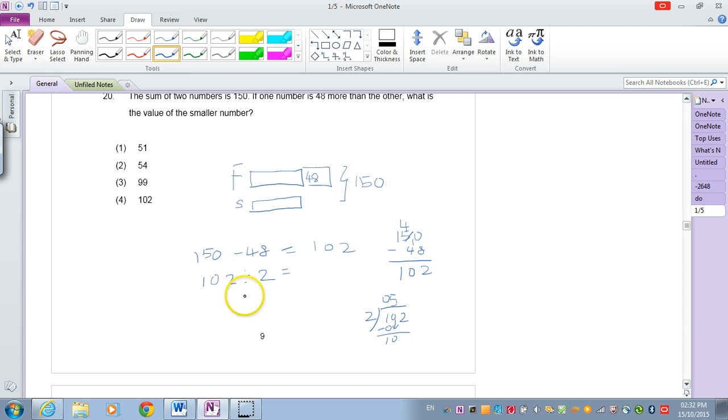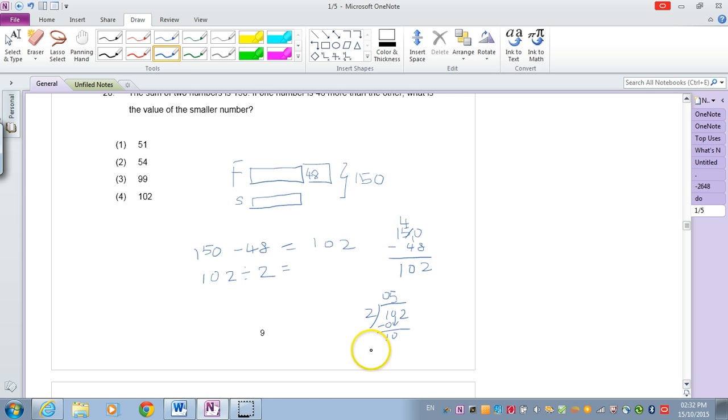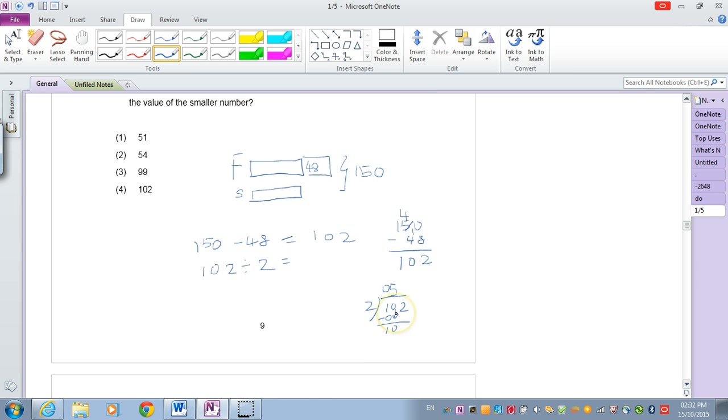So 10 divided by 2 will give me 5, and here I have to minus 10, and that will give me 0, and I'll bring down my 2. So 2 divided by 2 will give me 1.